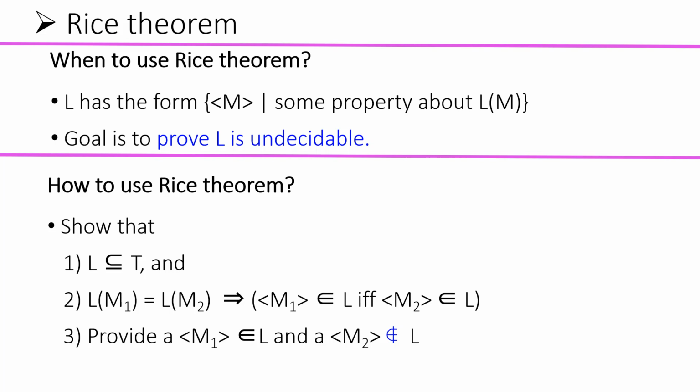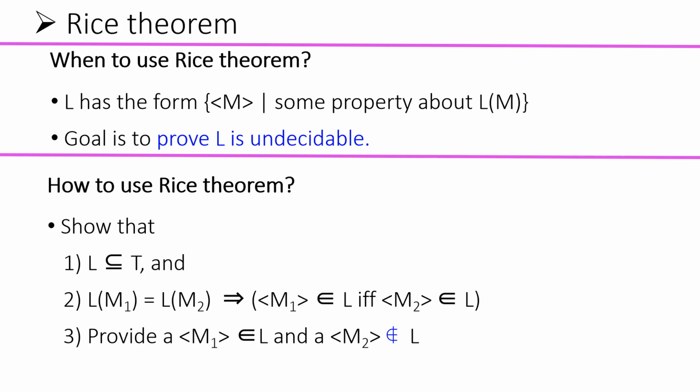When to use? When the language L you want to prove has the form, the encodings of M with some property about L(M). And your goal is to prove this language L is undecidable. How to use? You first show that this language is a subset of T. This step is easy. You only need to show that member strings of L are Turing machine encodings.